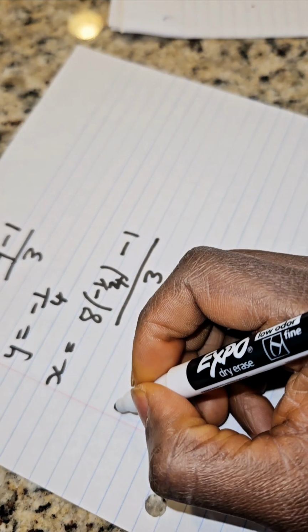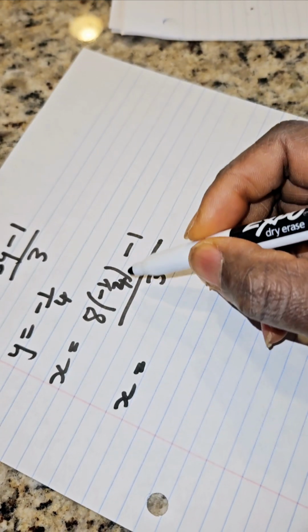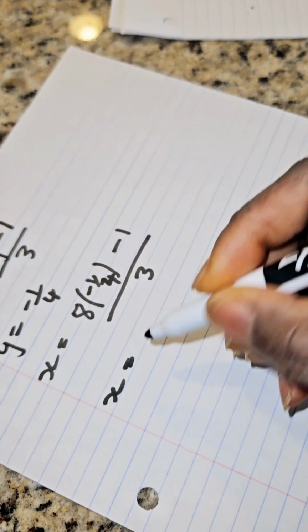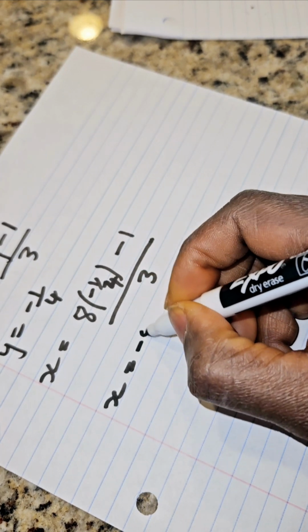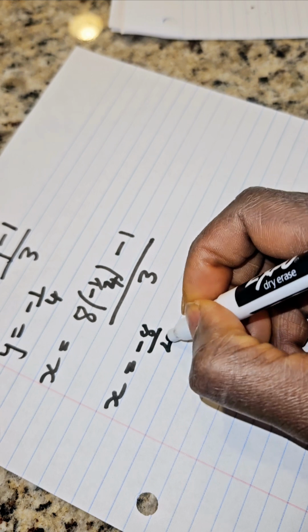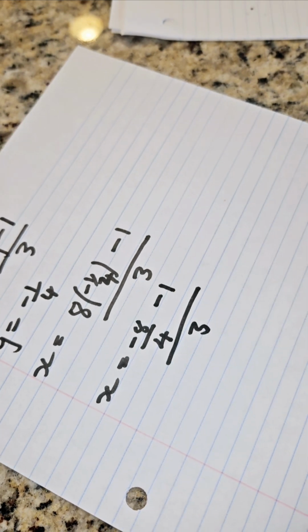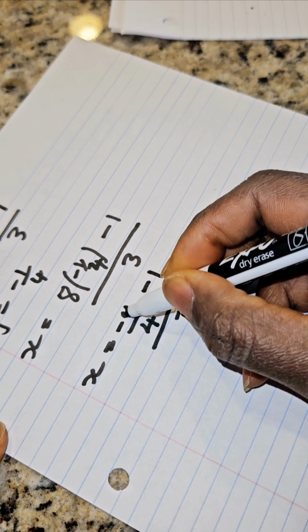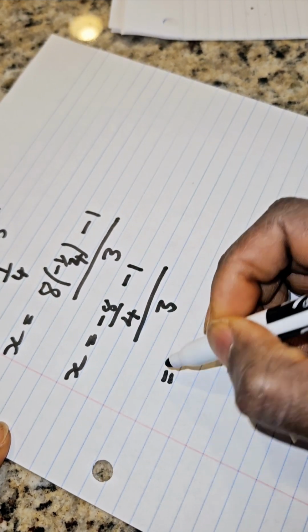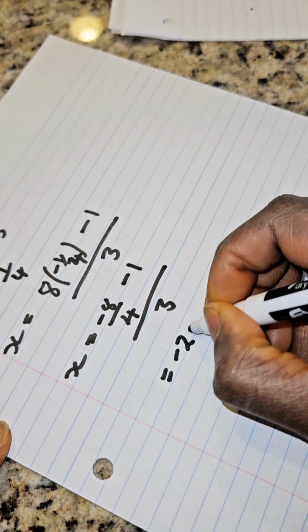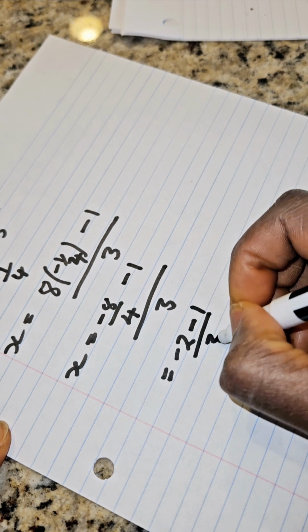So our x now becomes negative 8 divided by 4, minus 1 all over 3, right? What is negative 8 divided by 4? That is negative 2 minus 1 all over 3.